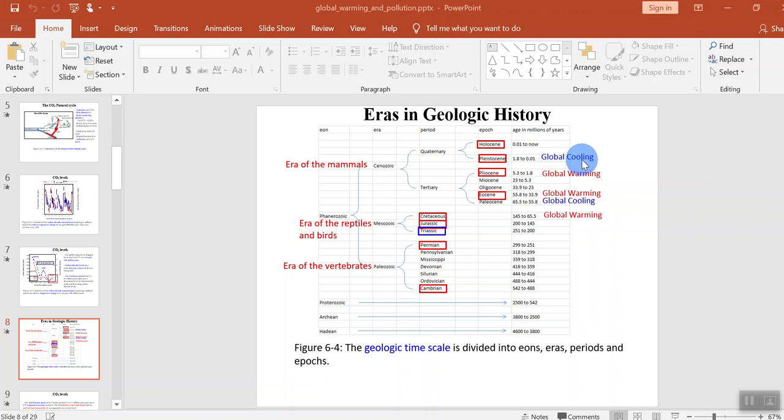The last global cooling ended about 10 to 14,000 years ago. There you go. Okay.